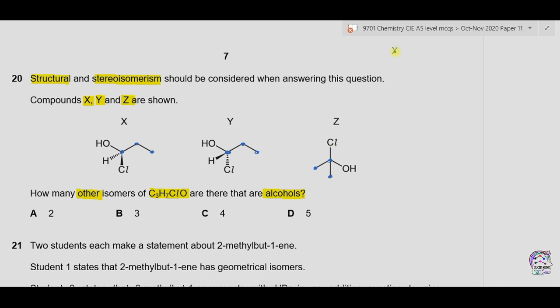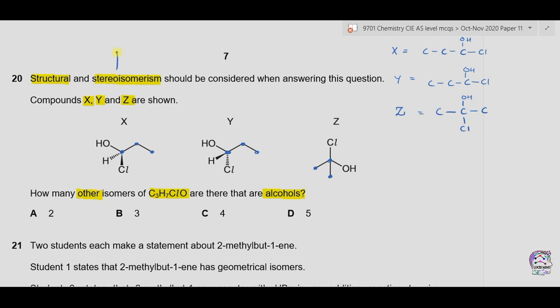So X will be like this: 1, 2, 3 carbons, and with the last carbon we have OH and Cl. For Y we have 3 carbons, and with the last we have OH and Cl. As for Z, we have 3 carbon atoms, and with the central carbon we have Cl and OH.